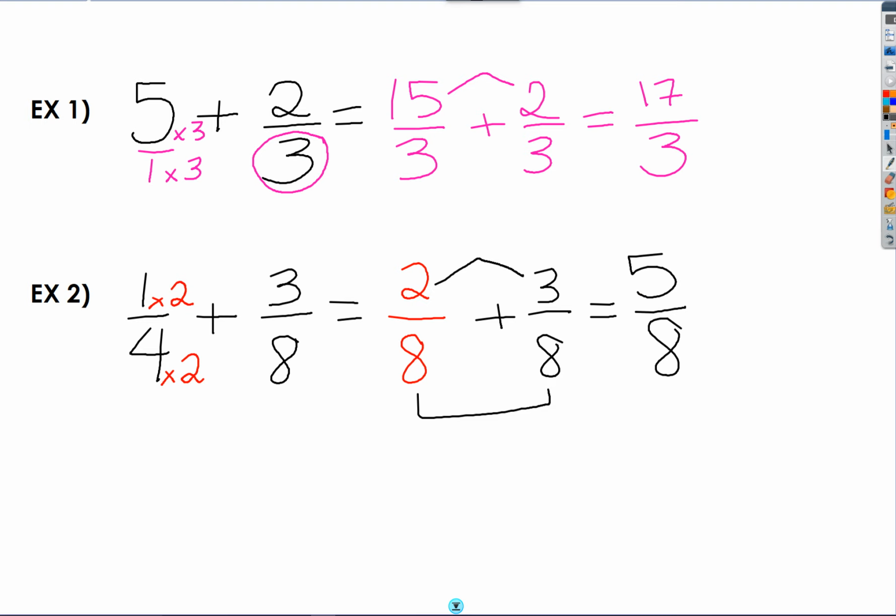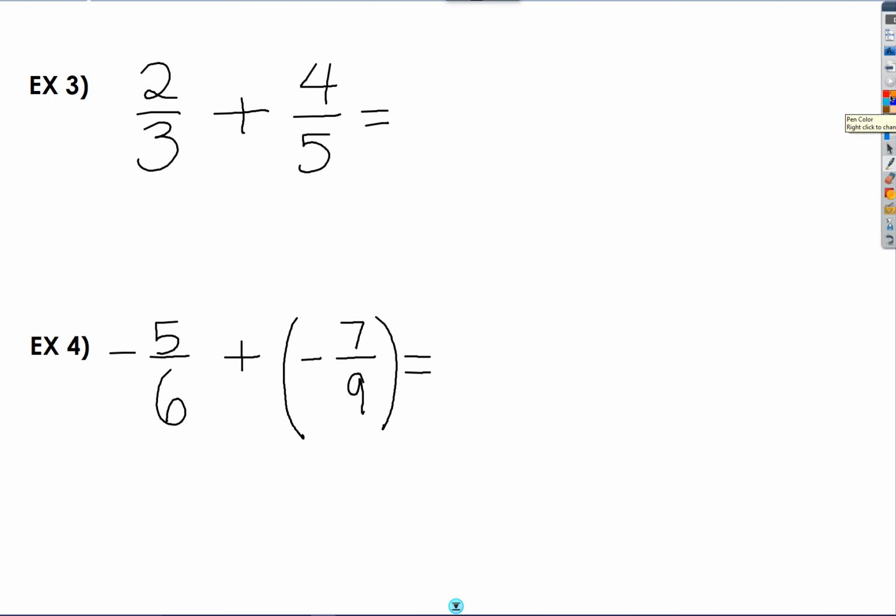Now we get into when we have uncommon denominators, but they're not multiples of each other. So you're going to look at this 3 and say, is it possible for me to multiply 3 by a number to get 5, I should say an integer value, or even just a whole number? And I can't.